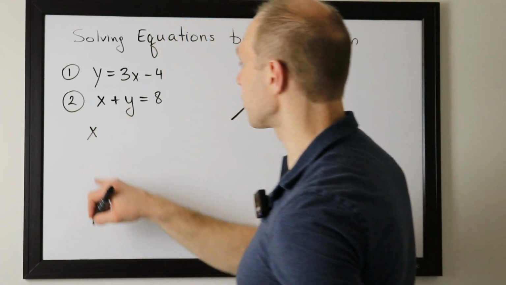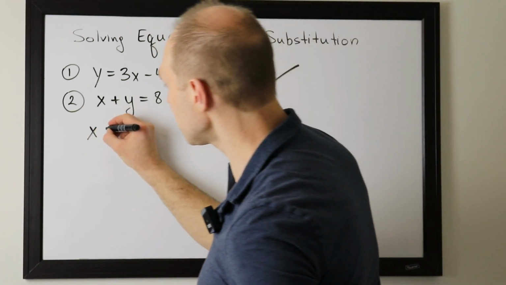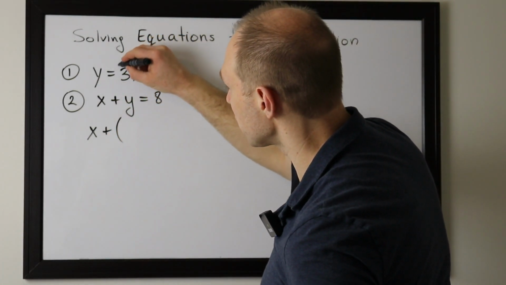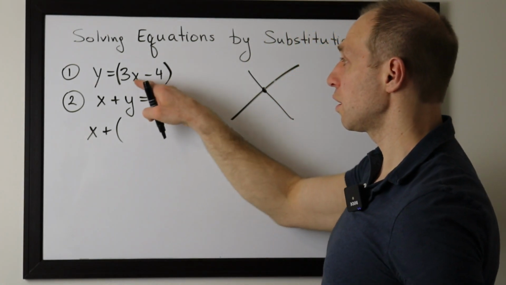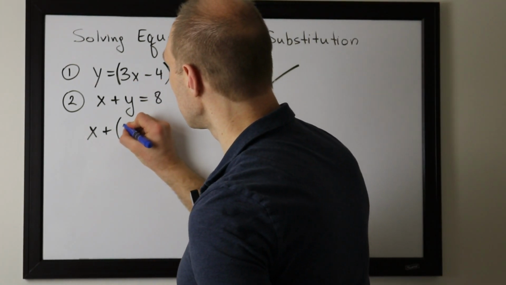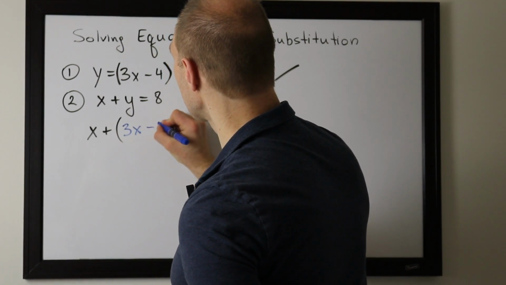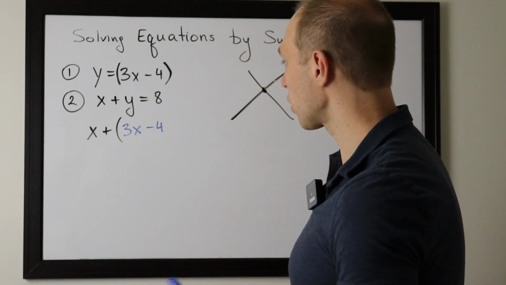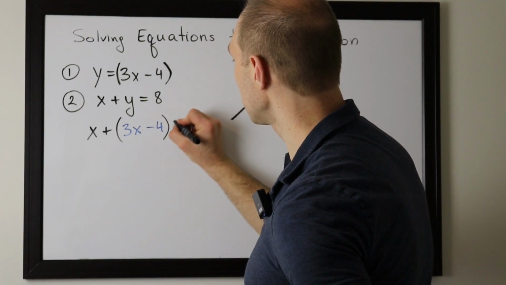Let's see what we get. We're going to get x plus, and then we're going to copy everything that's here. So we can actually introduce these brackets and write that in. So instead of y, we're going to write 3x minus 4, close bracket, equals 8.